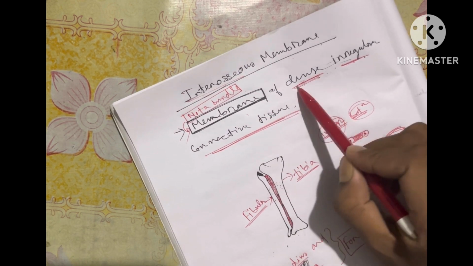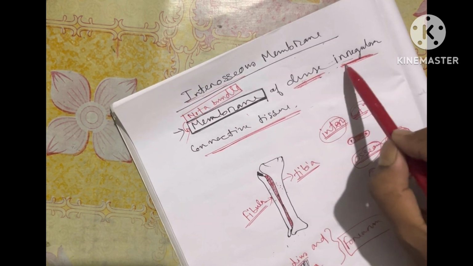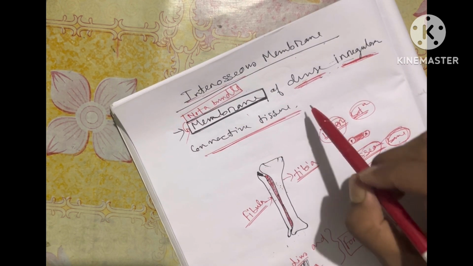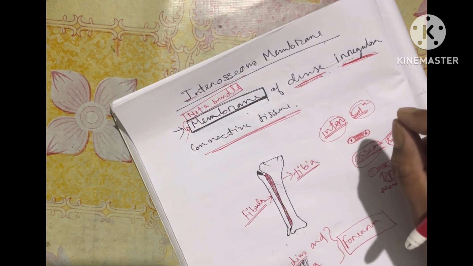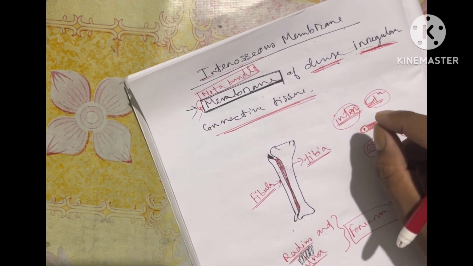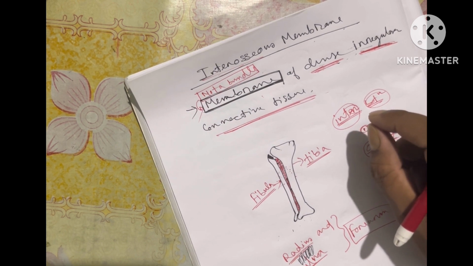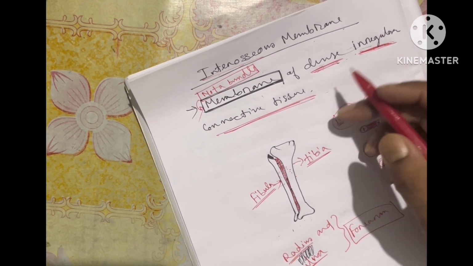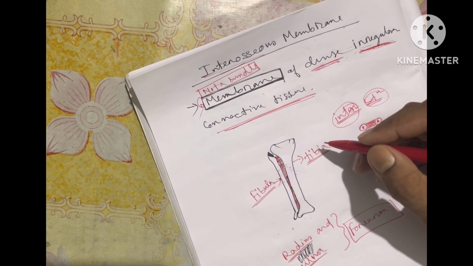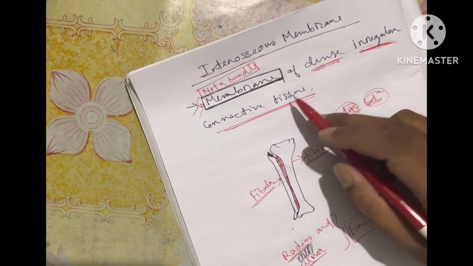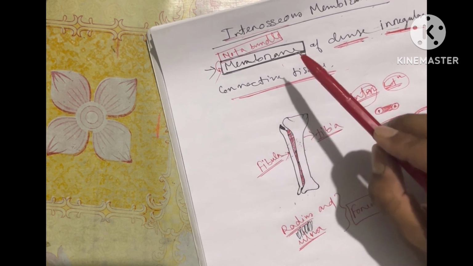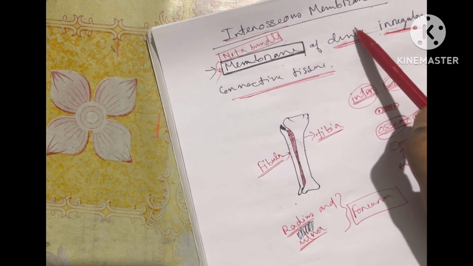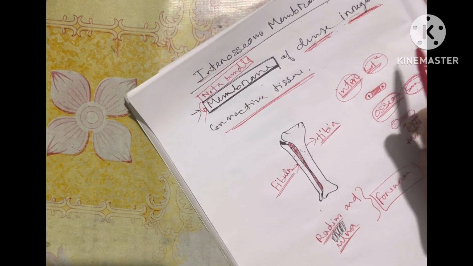So all of them are fibrous joints, and all of them have dense irregular connective tissue. But in sutures we have a very thin layer of dense irregular connective tissue, almost invisible, and as age increases the joints almost fuse, so sutures are completely immovable joints. But interosseous membrane and syndesmosis are slightly movable joints.